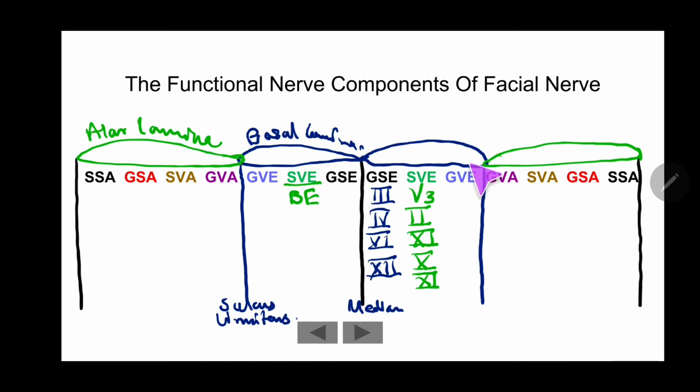But important is that these three nuclei are grouped together in a single nucleus, and this nucleus is an elongated nucleus extending into both the open and closed parts of the medulla, and this is called nucleus ambiguus.